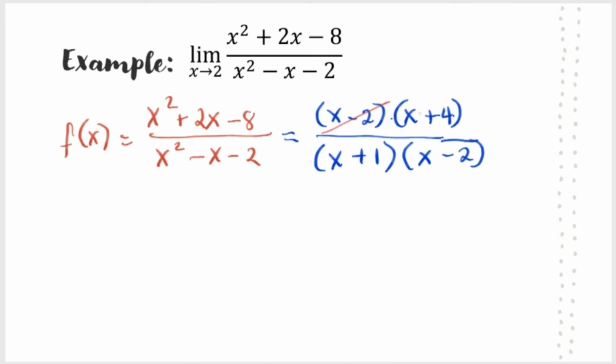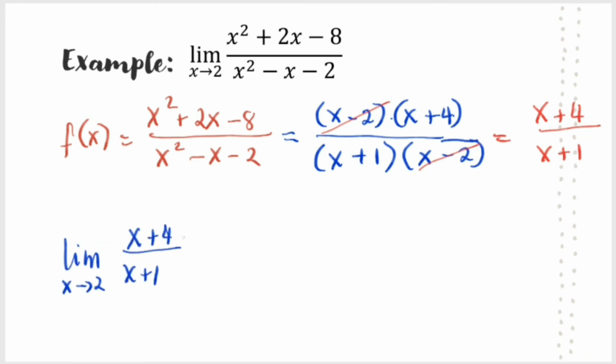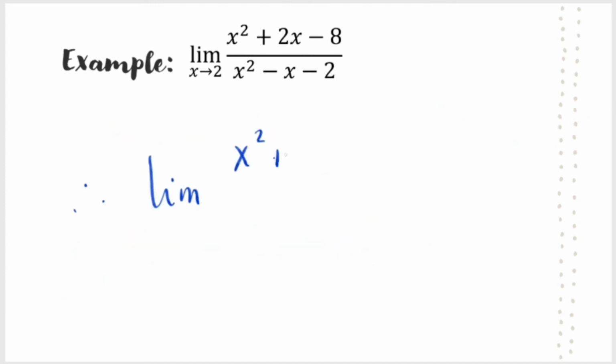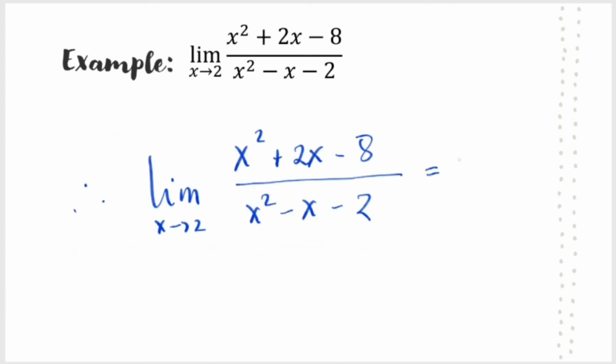Cross out the common factor x minus 2. Then we get x plus 4 over x plus 1, which is our g of x. Finding the limit of our g of x as x approaches 2, we have 6 over 3, which is equal to 2. Therefore, the limit of f of x as x approaches 2 is equal to 2.